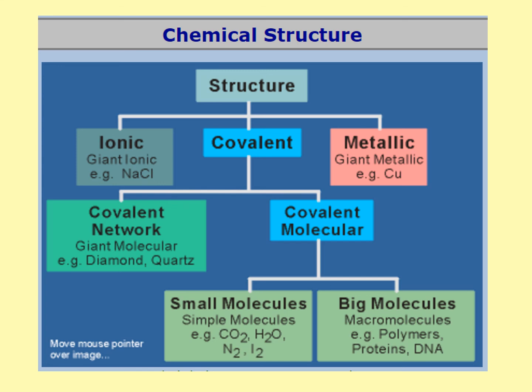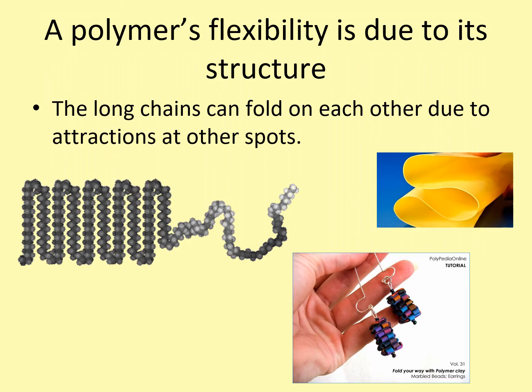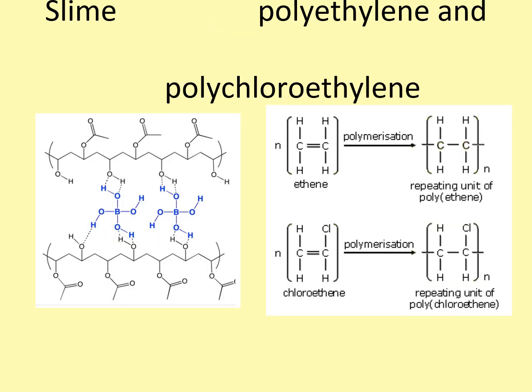Covalent molecular are smaller molecules, and then there are even bigger molecules. Okay, so you've heard of polymers maybe. Polymers are covalently bonded substances in general that could be flexible, could be rigid, and sometimes the flexibility is based on its structure. Okay. Slime is a polymer that could be made.